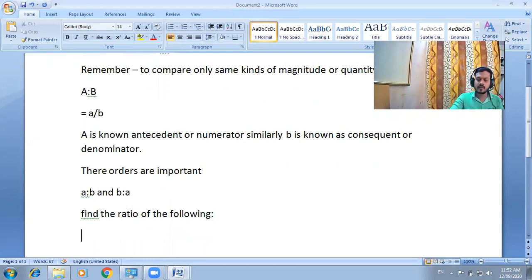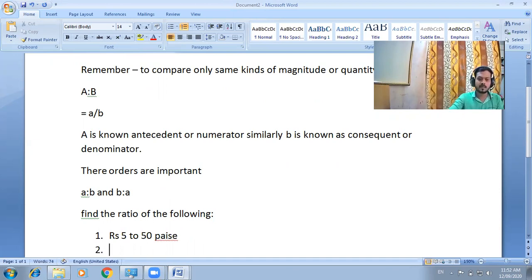How can we convert into a ratio? First question is rupees 5 to 50 paise.